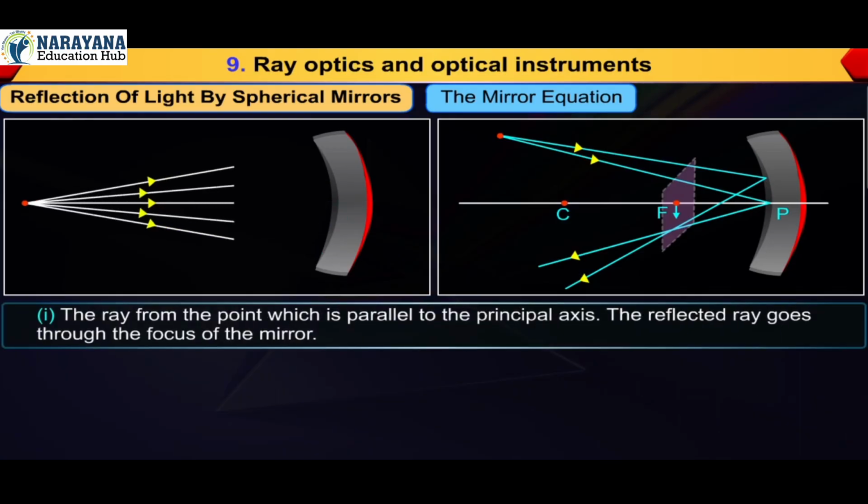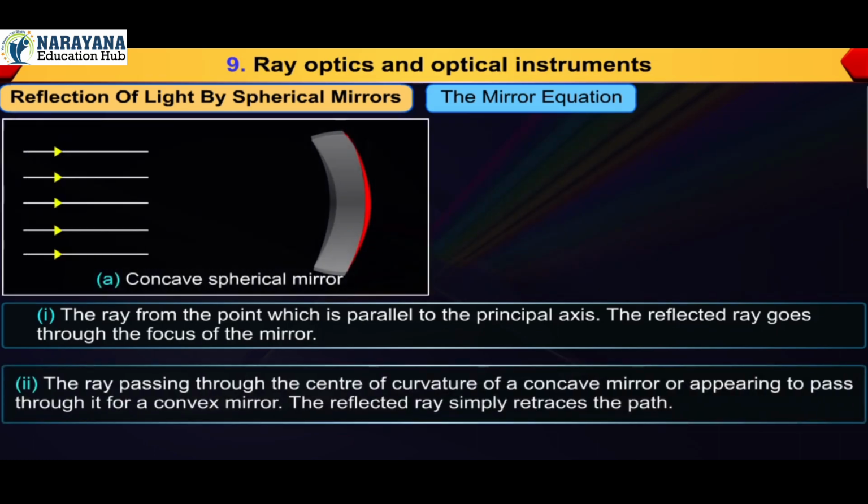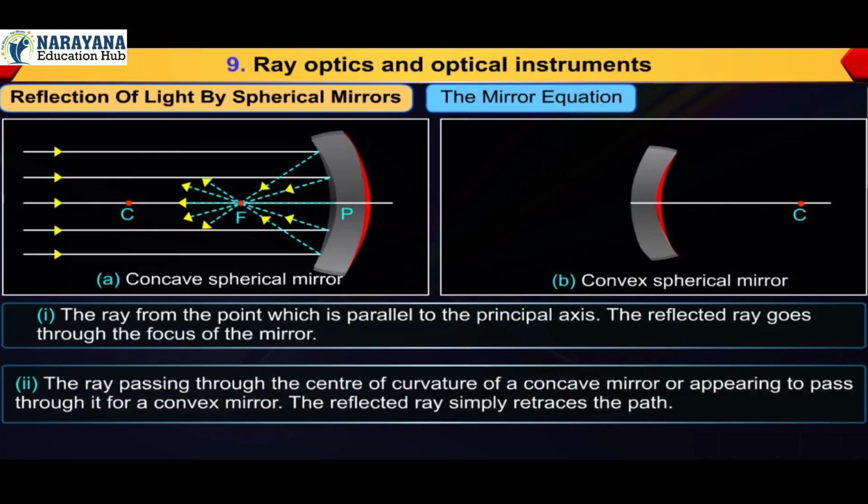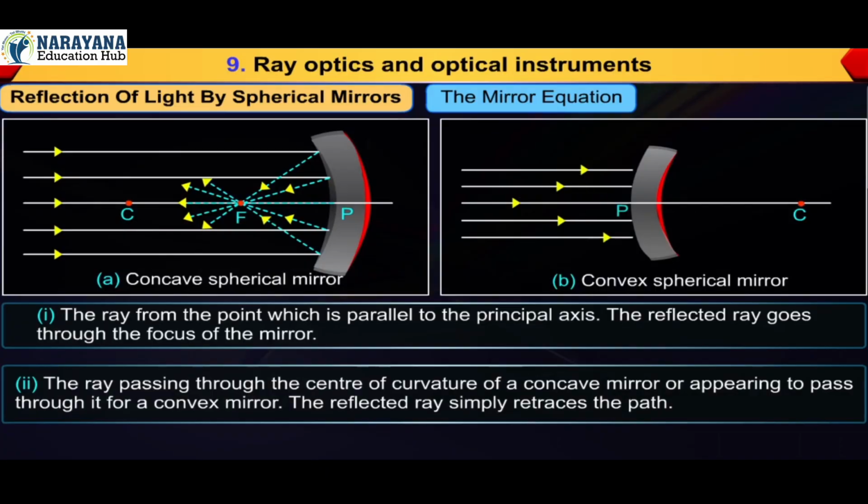The ray from the point which is parallel to the principal axis. The reflected ray goes through the focus of the mirror. Number 2. The ray passing through the center of curvature of a concave mirror, or appearing to pass through it for a convex mirror. The reflected ray simply retraces the path.